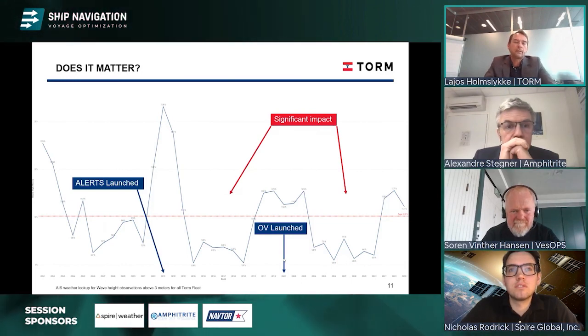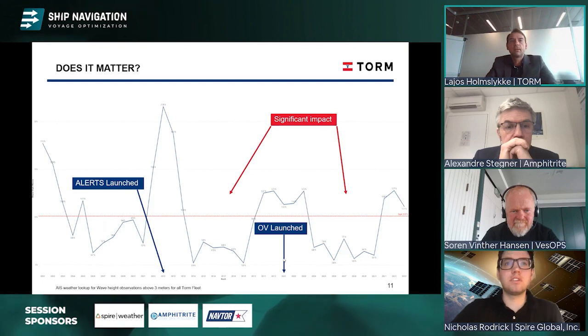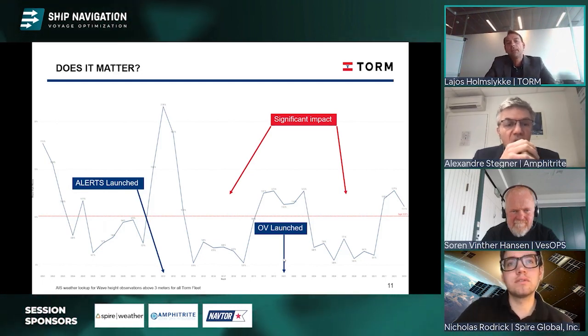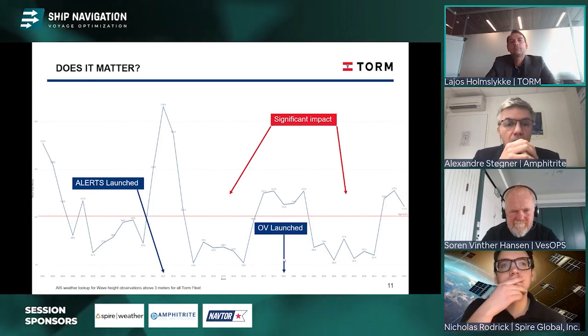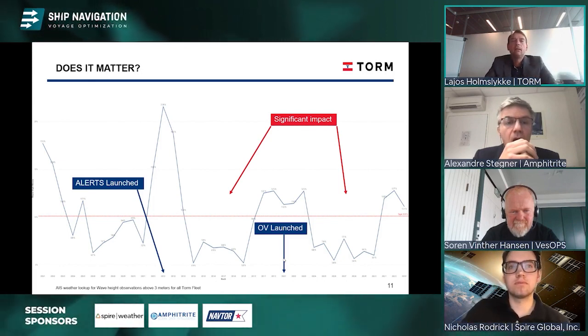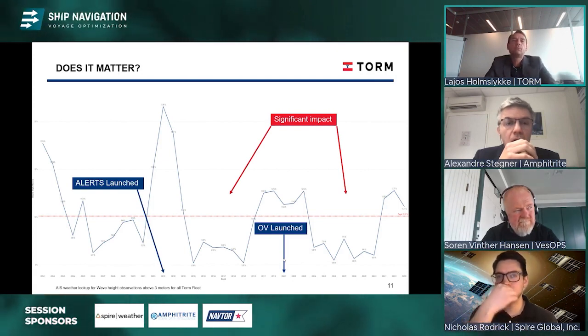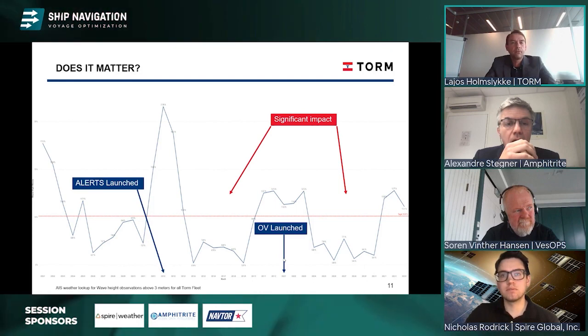And it means that we harvest something like 1.5 million, nearly 2 million signals per year. And we try to analyze what kind of weather our vessels are in. And we also look over time at whether our projects have any impact on the significant wave heights, above 3 meters in this case, that our vessels are in.